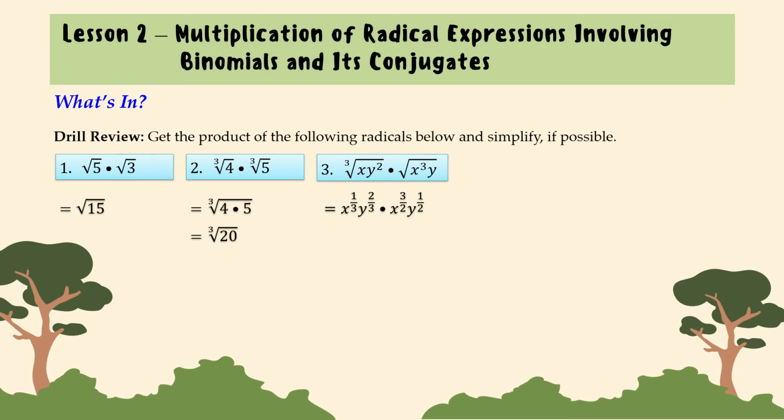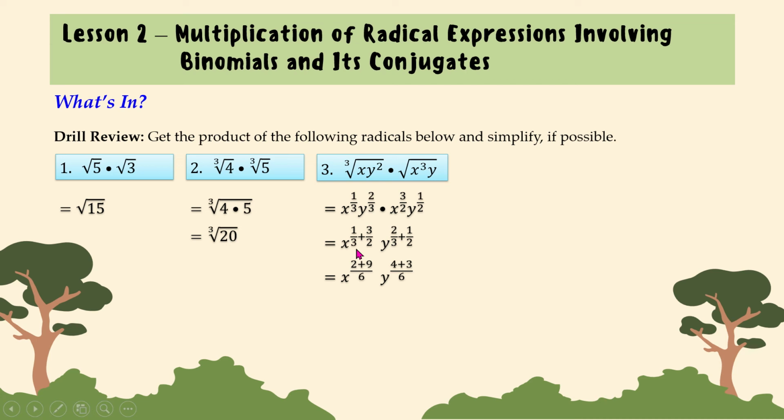Product of powers: multiplying powers of the same base is adding the exponents. So we write the same base x, adding their exponents 1/3 and 3/2. Then for base y, we add the exponents 2/3 and 1/2. Adding unlike fractions requires the LCD, the least common denominator.